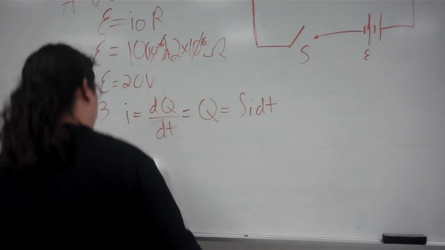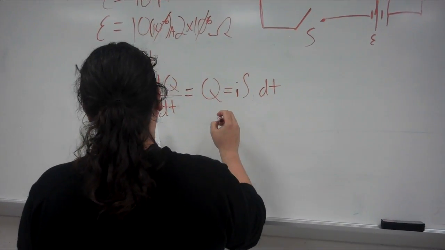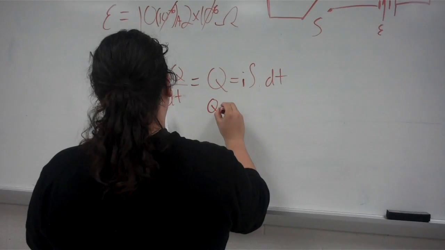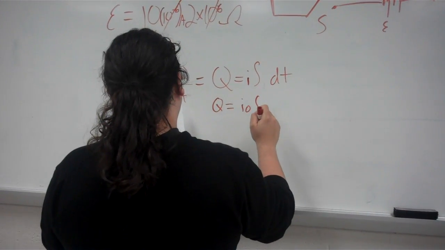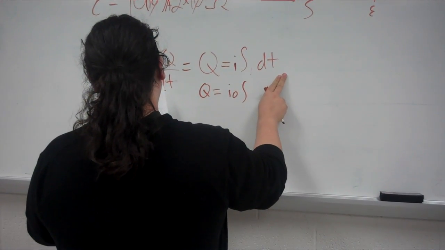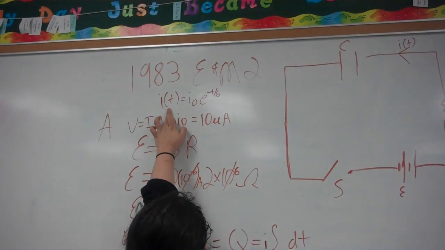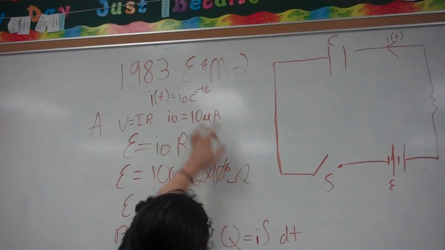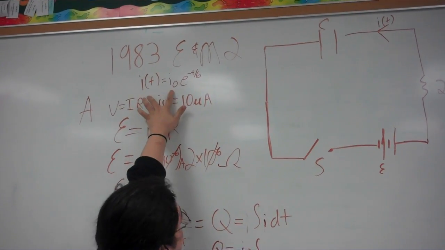Let's treat it as a constant for now and move it to the side. So now we get q is equal to I naught integral, and we have dt. For that we're going to use this equation right here, because I dt is equal to that. Remember this right here.